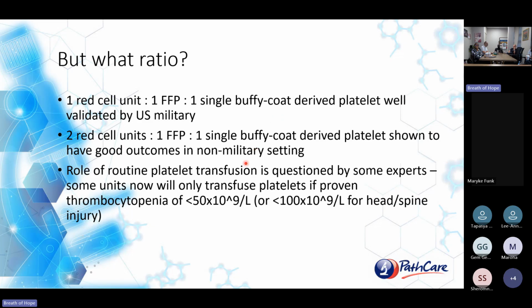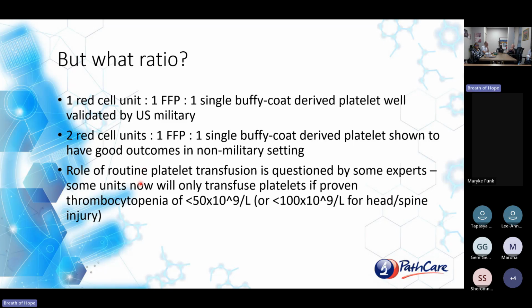However, in non-military and civilian settings, 2-1-1 has been tried with good effect. So in other words, 2 donor red cell units to 1 donor fresh frozen plasma to 1 single buffy coat-derived platelet. So in the European setting, that would be 1 pool platelet with 4 plasma units and then 8 red cells.